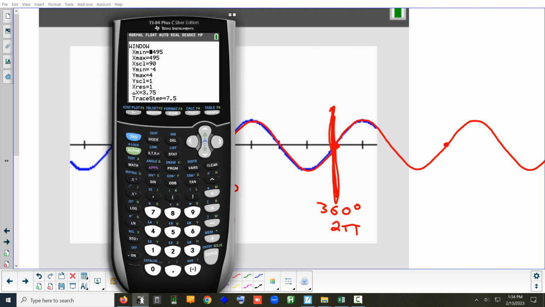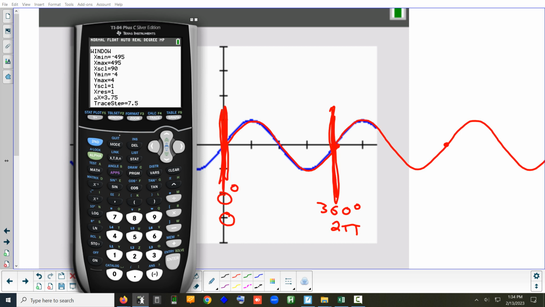So on your screen, if you wanted to set this up so you're only seeing one period of the graph, what I would do is start at 0, and where would I end so I just see one period? 360. I could end at 360. And if I do that, that's called one period, or it's also called a cycle.